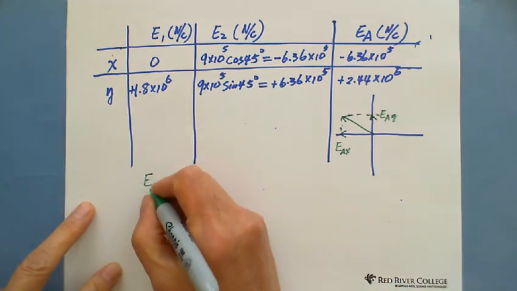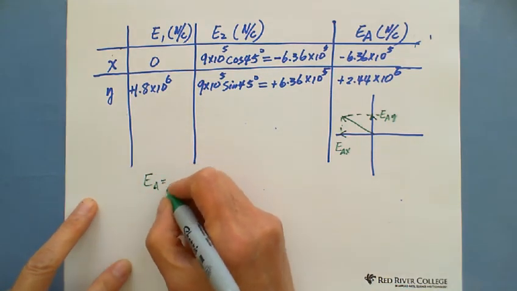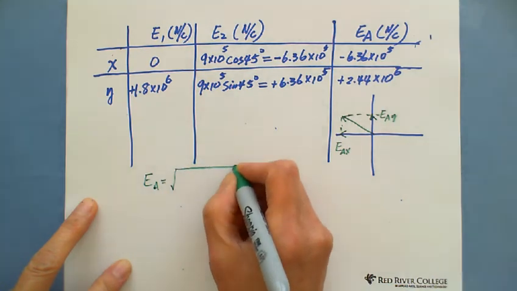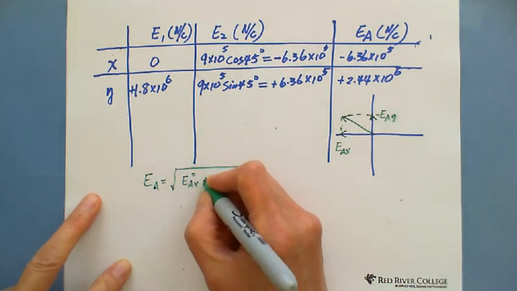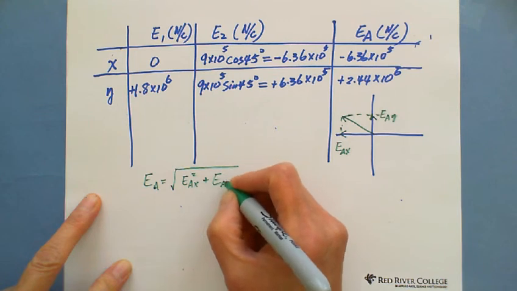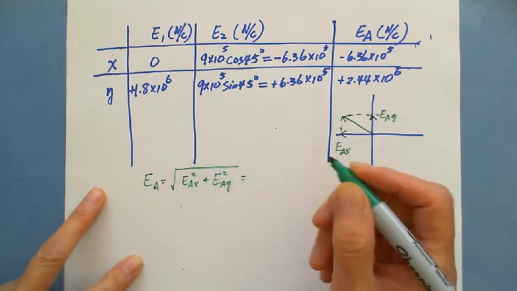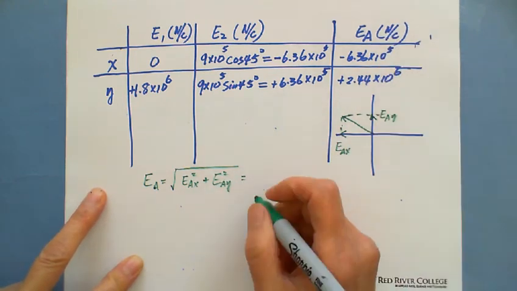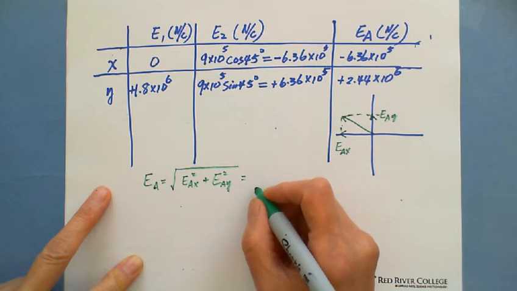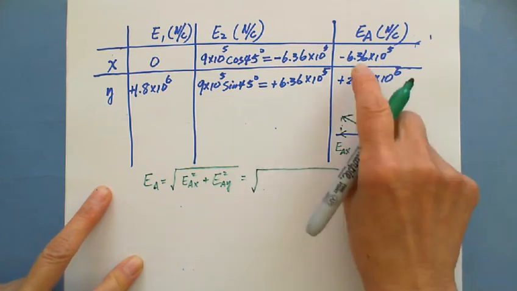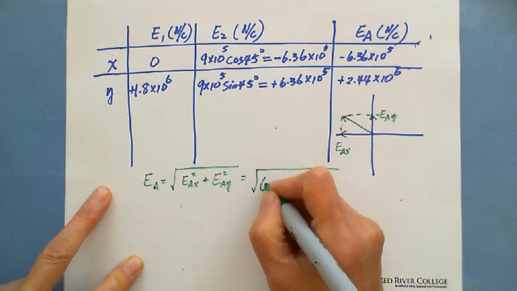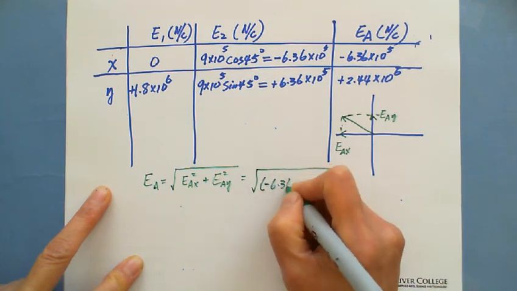EA equals the square root of EA x squared plus EA y squared. You just plug in these two numbers. This one is negative, but after squaring, it is still positive, right?